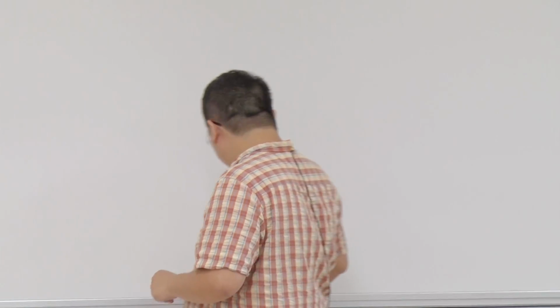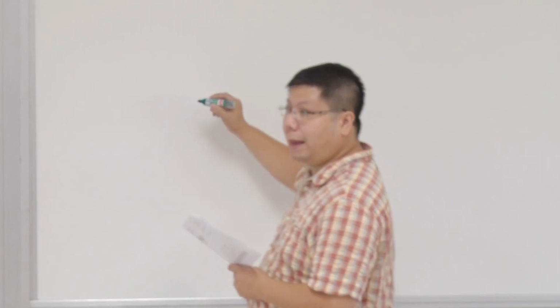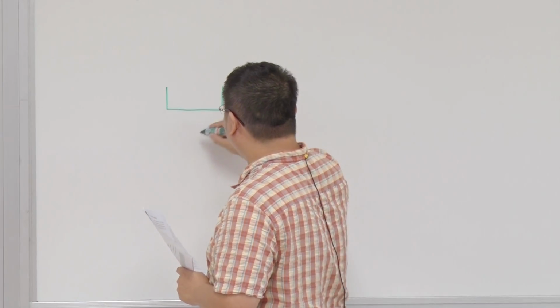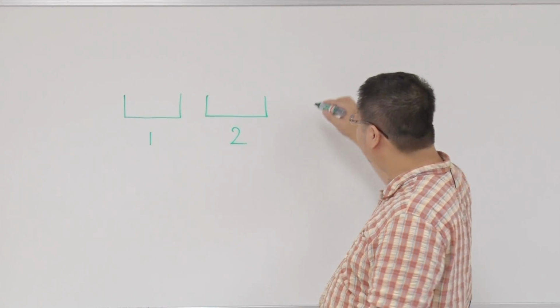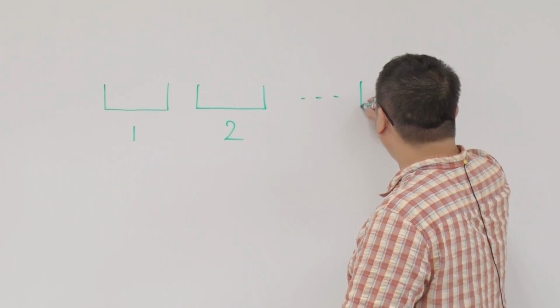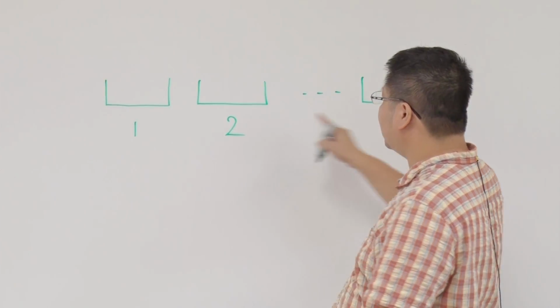Okay, so here we have n boxes. Box 1, box 2. The boxes are important. They are labeled, so this box and this box are different.